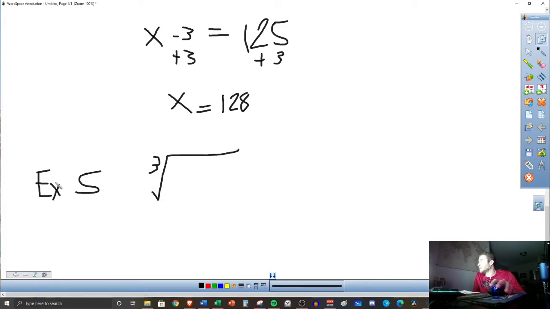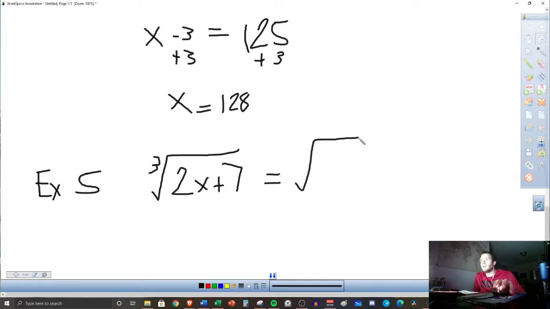We want 2x plus 7 equals cube root of negative 3x minus 8. There we go. Okay, go ahead and I'm gonna pause. You guys can try to answer this.